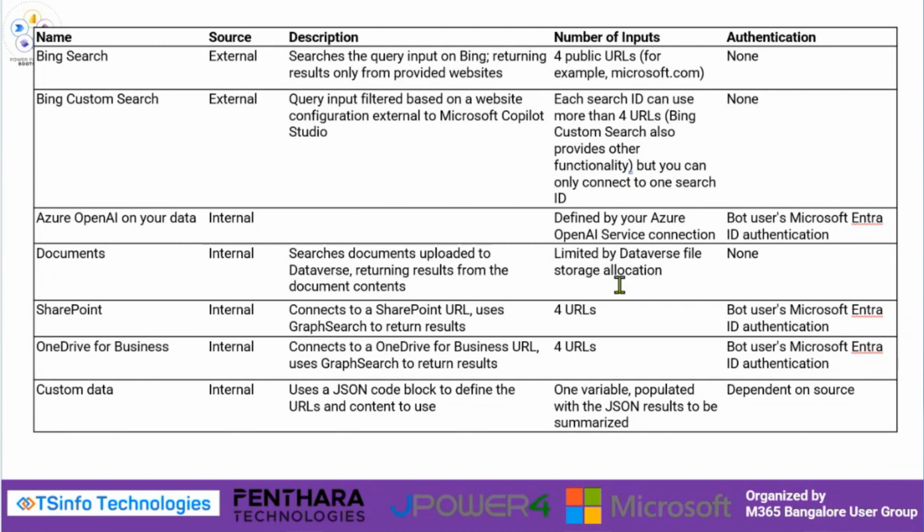But when it comes to SharePoint and OneDrive, we can configure it in such a way that if Bhargav doesn't have access to a particular SharePoint document library, and I have access and I'm asking something, it would be able to find and retrieve the information from that document library. But for Bhargav, it won't, because he doesn't have access to that SharePoint. So that is the good thing: it internally manages that delegated permission, so the responses are by default security trimmed. Based on the logged in user and his access and permission, it would be able to respond. So this is the table about that.